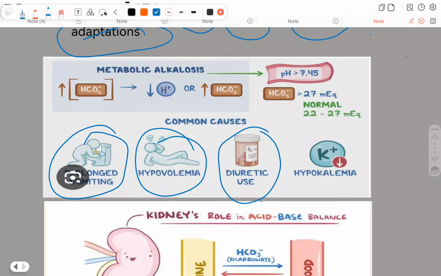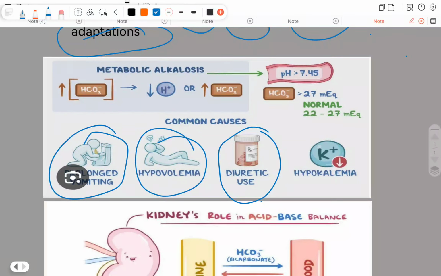When we use loop diuretics or thiazide diuretics, we lose hydrogen ions. So we always pay more attention to patients with metabolic alkalosis when we use diuretics.